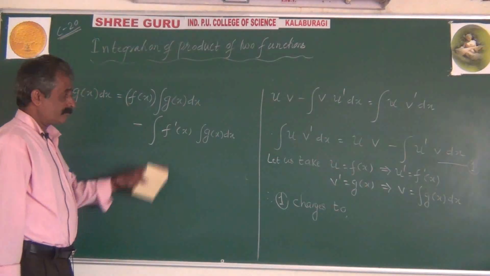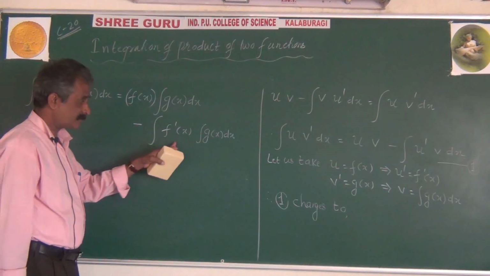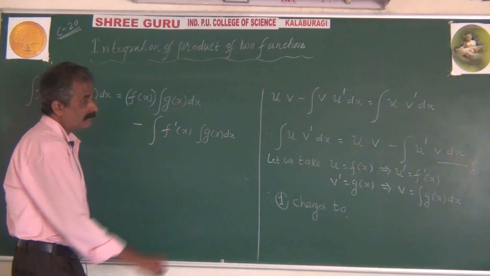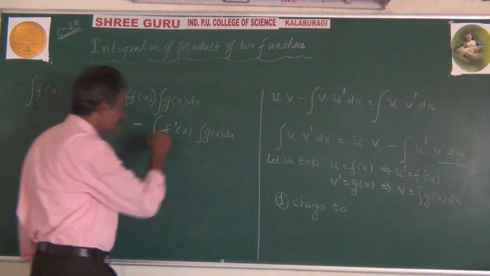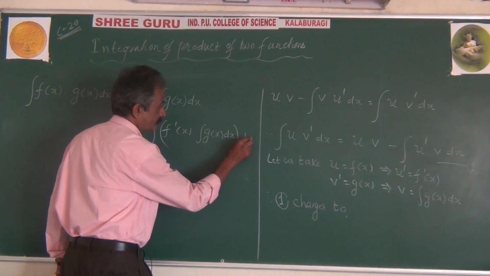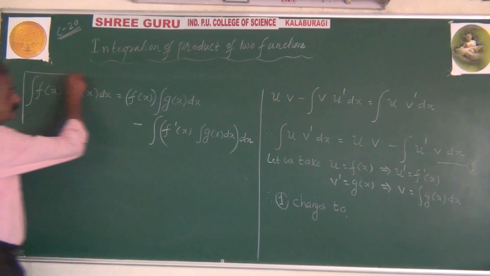Now obviously f dash x term and integration of g of x term are to be multiplied and simplified, and all this is because there is again a variable x, so all that result is to be integrated with respect to x. This itself is a formula for integration of product of two functions.